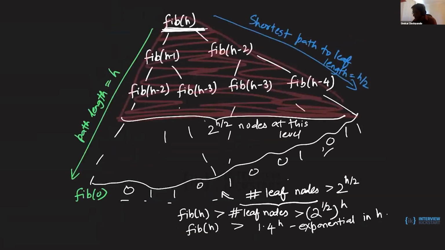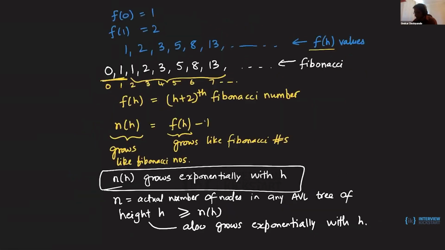That the height of any AVL tree is thus guaranteed to be, I'll write this in red: height of any AVL tree with n nodes is guaranteed to be order log n.